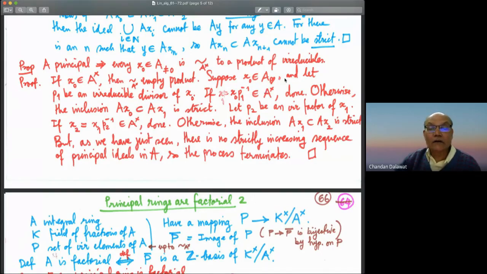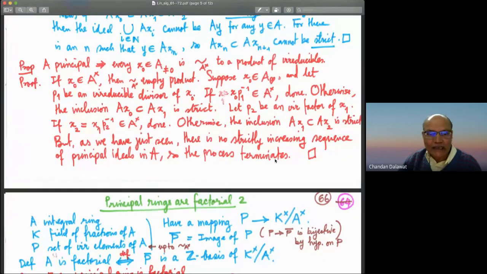That's a bit like the Jordan-Hölder theorem, where we had two composition series, and the claim was that the successive quotients are essentially the same, meaning the same up to permutation. Similarly here, when you write a non-zero element as a product of irreducible elements, you can ask whether you can do it in just one way or many different ways.